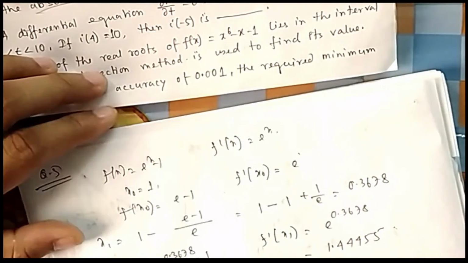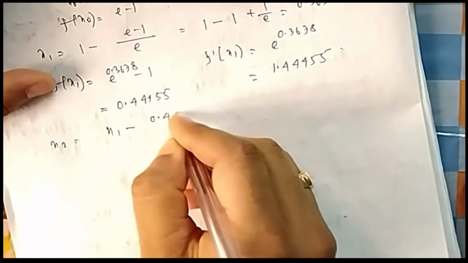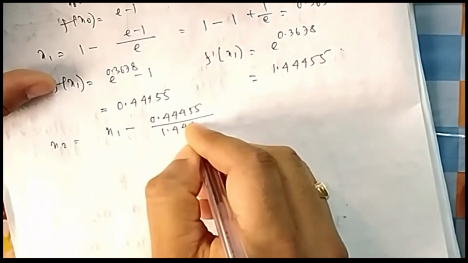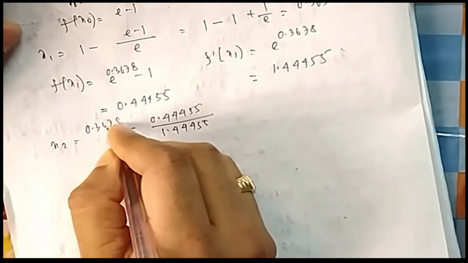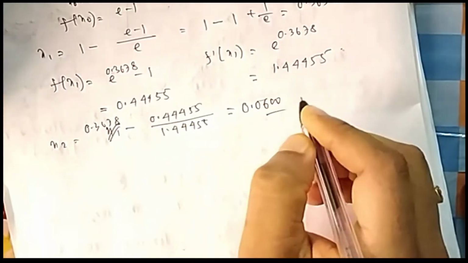So what will be your x2? x2 will be equal to x1 minus 0.44455 divided by 1.44455, and x1 is equal to 0.3678. So at the end, if you solve it, you will find it is 0.0600, something of this fashion.